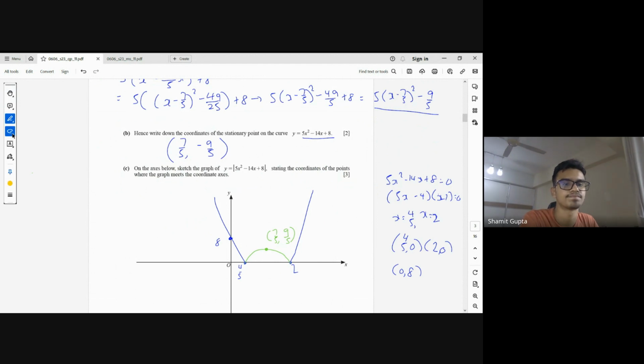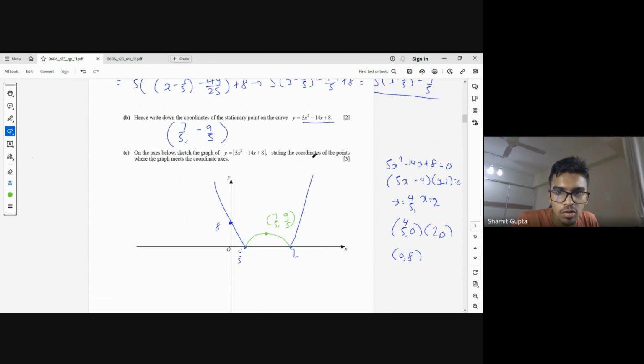Okay, let's move on. So what do we have? We have the coordinates of the points where the graph meets the coordinate axis. We have the correct shape. Maybe we can make it a little bit more curved if you guys want. So sure. Okay, let's make it a little bit more curved because it feels like a straight line. Again, you might be thinking you do need to worry about it that much.